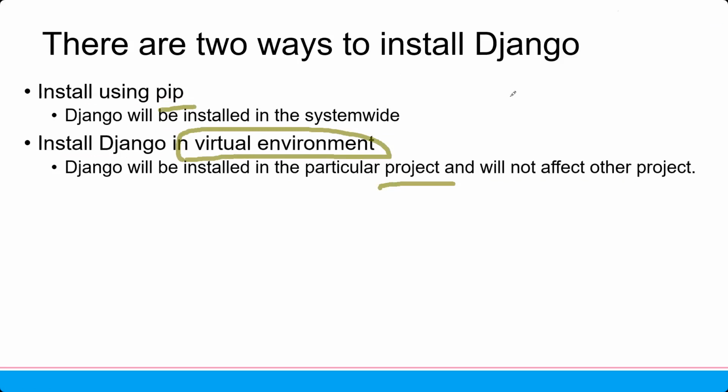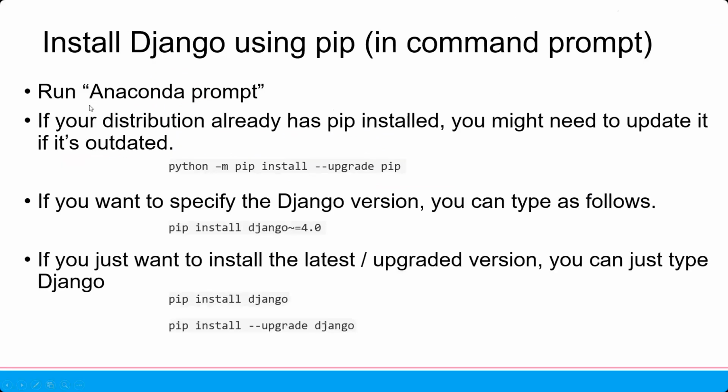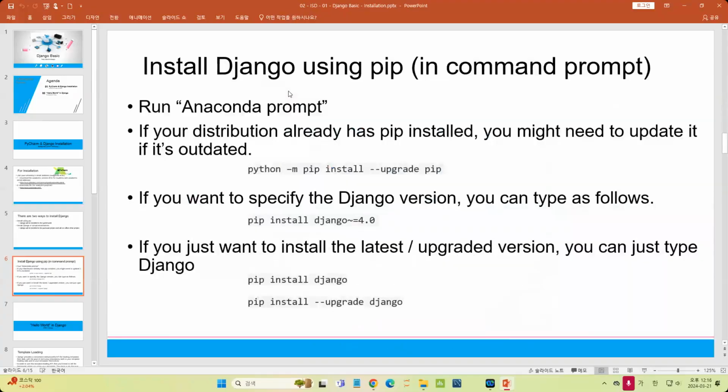It is totally free from the resources of Django. But I think it's better to use pip because we are focusing on creating Django, and every time we will create some new projects. So I'm going to teach you how to install Django using pip.